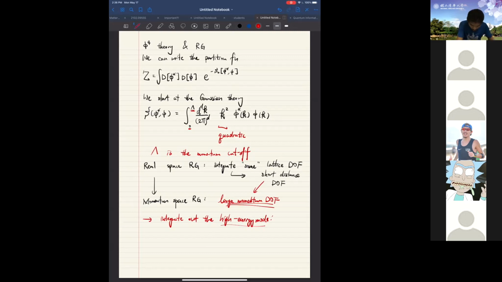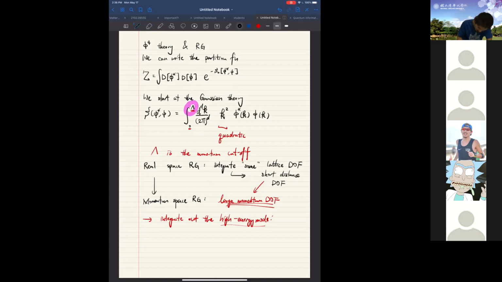So we need to do something here and then integrate out the high energy, which is the large momentum mode. This is the idea. But before doing that, we need to simplify the problem.